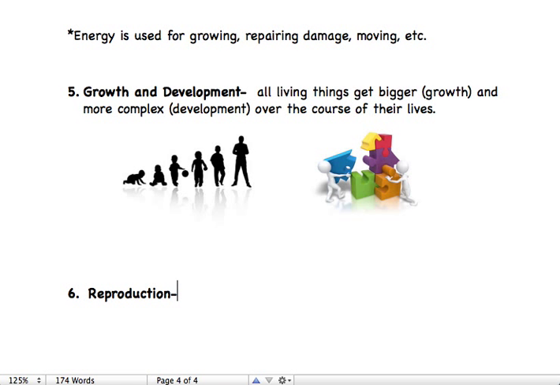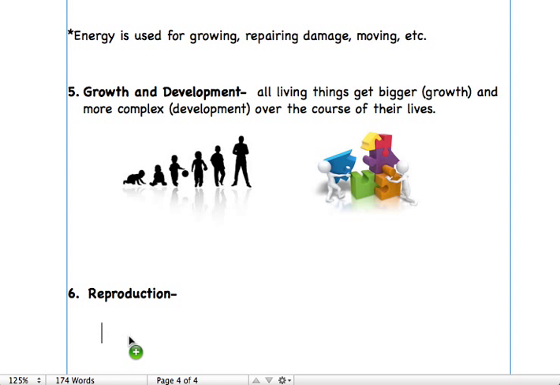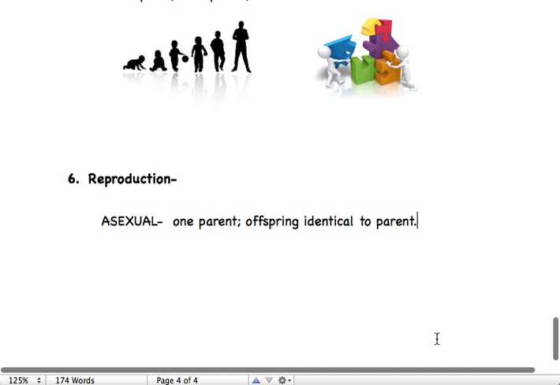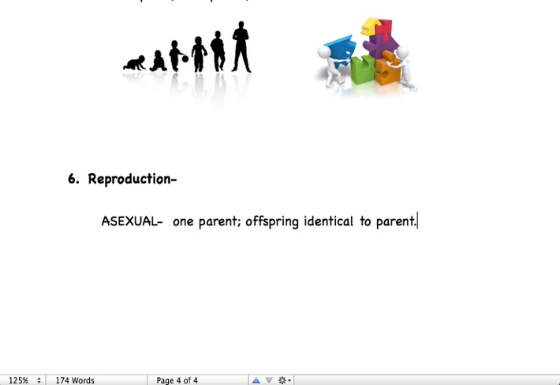Number 6, reproduction. So living things have to reproduce. And if you think about it, if they didn't reproduce, they wouldn't be a living thing for very long. They would die out pretty quickly. And there are 2 types of reproduction. One is asexual reproduction. In asexual reproduction, there's one parent and the offspring, or the children, if you want to think about it that way, although I doubt you would call bacterial offspring children, but those offspring are identical to the parent.